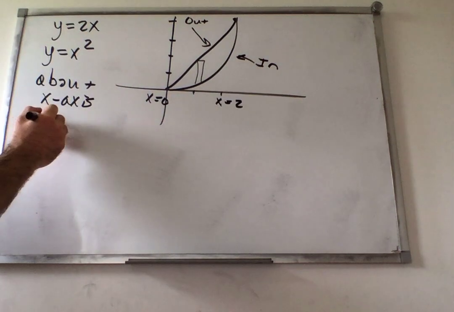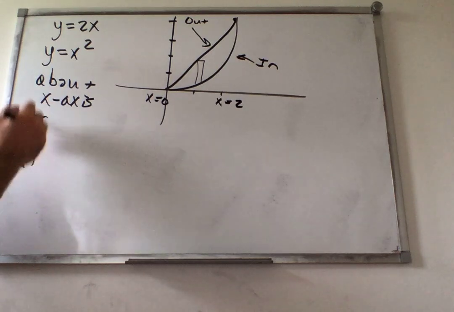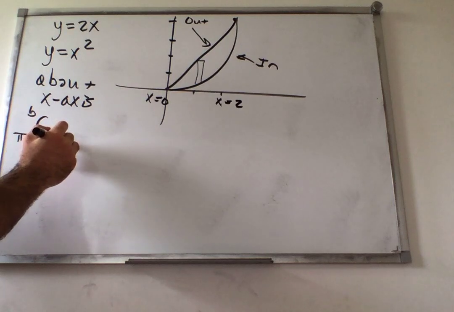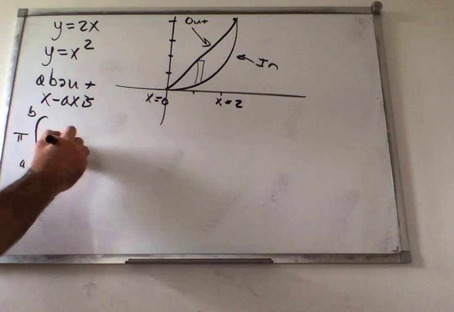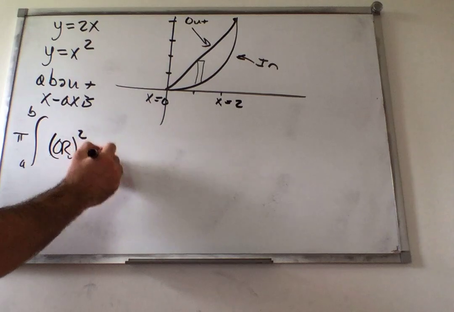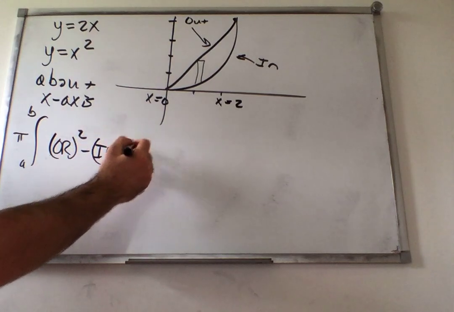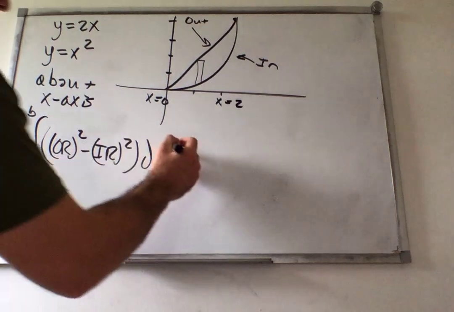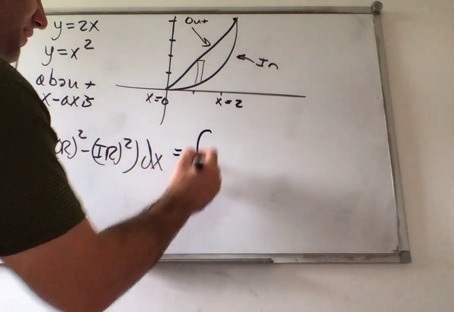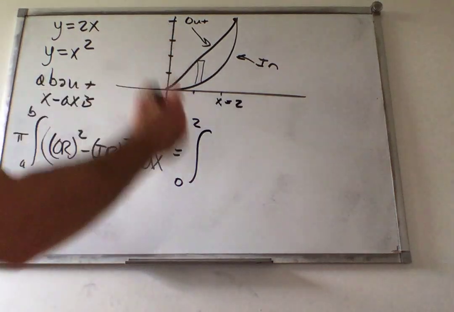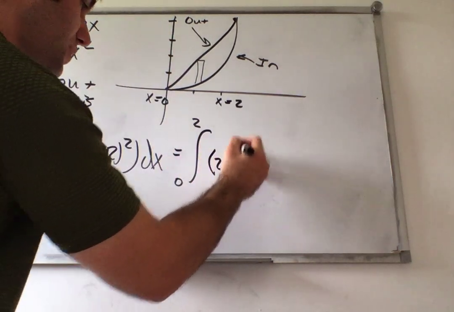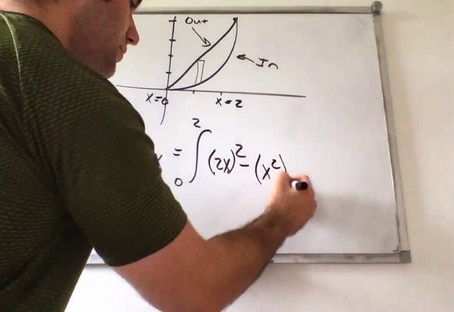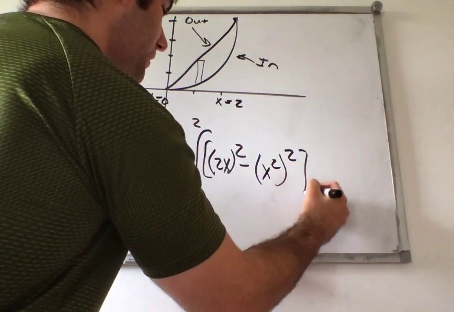When you're doing a washer method, it's the integral from a to b, you've got the pi out front, of the outer radius squared minus the inner radius squared dx. So this is going to be the integral from 0 to 2 of the outer radius, 2x, squared minus the inner radius, which is x squared, squared. We got the dx.